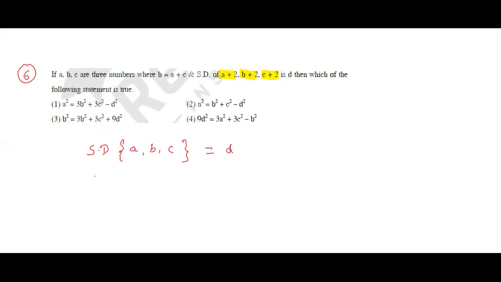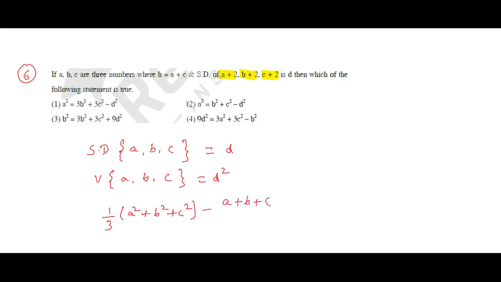Now variance of ABC is equal to D square. How to find the variance? 1 by 3 into sigma of A square plus B square plus C square, minus mean square. What is the mean here?